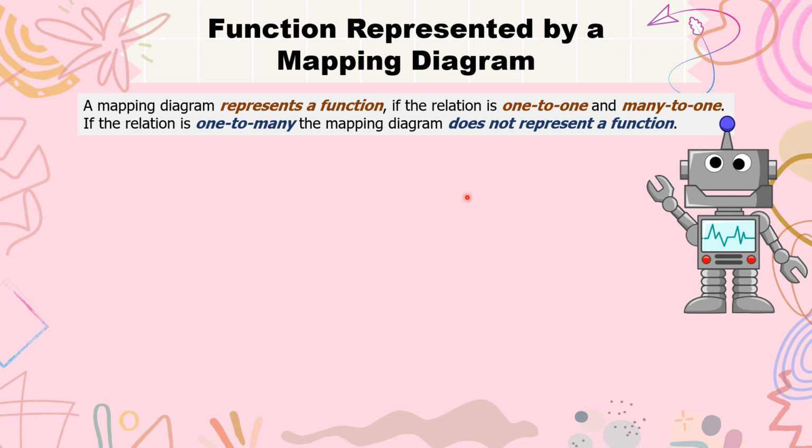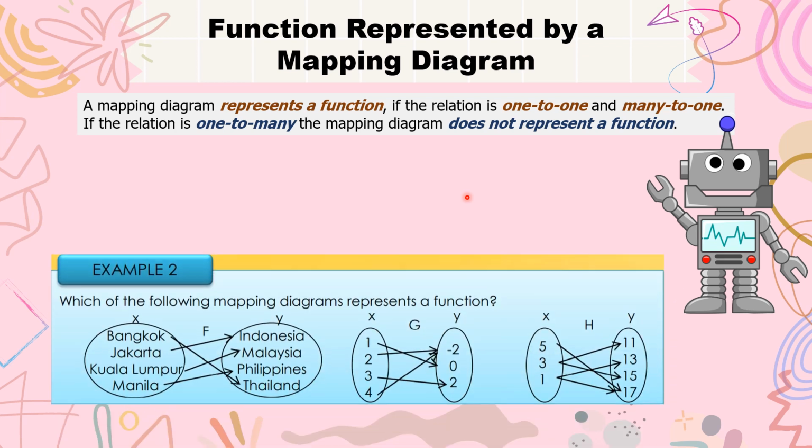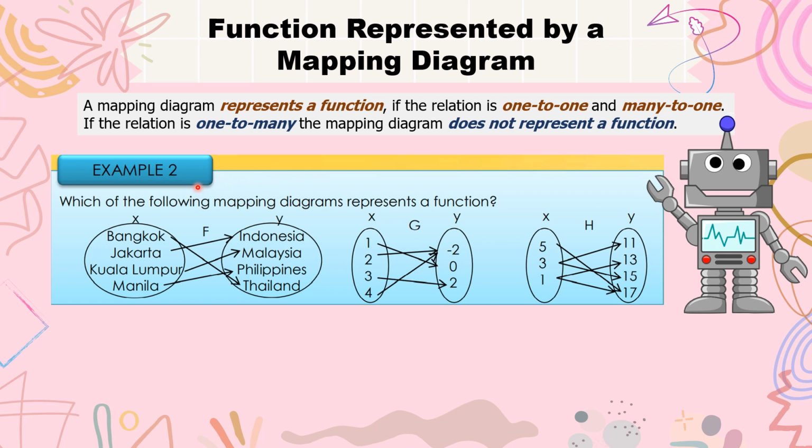Sa madaling salita, kapag mapping diagram ang given, function siya kapag ang mga x values natin ay minsan or isang beses lang siya ma-pair sa y values, meaning one-to-one or many-to-one relation siya. Pero kapag twice or thrice or many times siya ma-pair sa mga y values, it is no longer a function, meaning one-to-many relation siya.